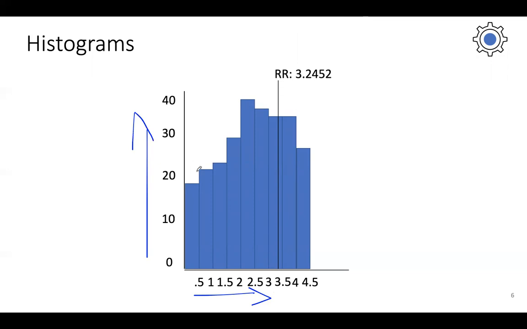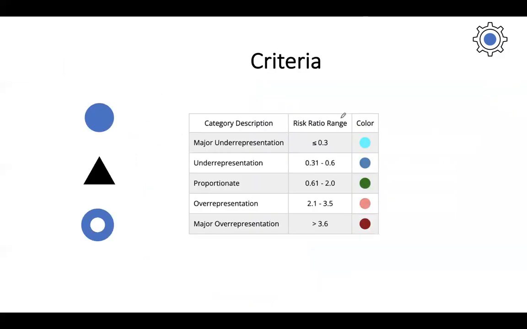So the histogram itself can show us, wow, it looks like mostly Hispanic females, this is not the histogram for Hispanic females, but Hispanic females would be considered mostly overrepresented based on this histogram, because there's a lot above the number 1. There's a lot of frequency of risk ratios above the number 1. And then the individual lines plotted are going to be the individual schools we're looking at with their risk ratio.